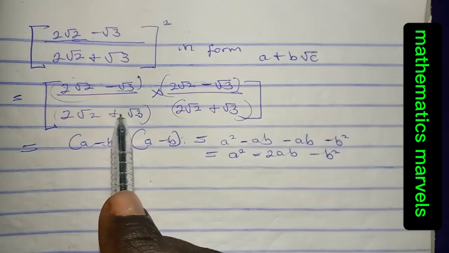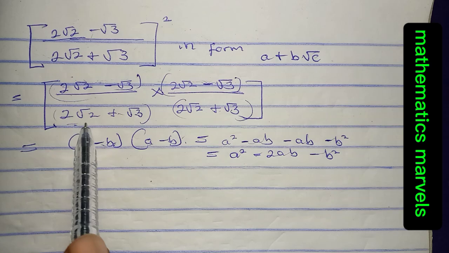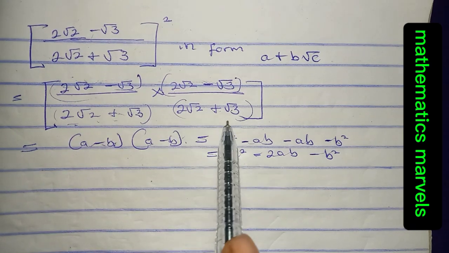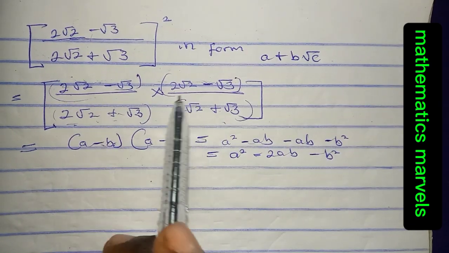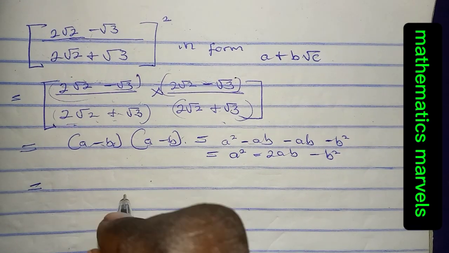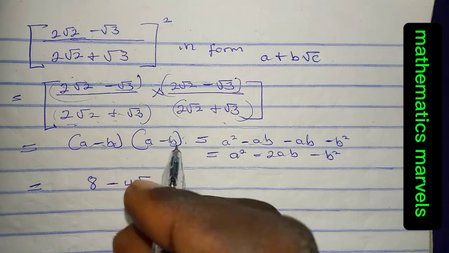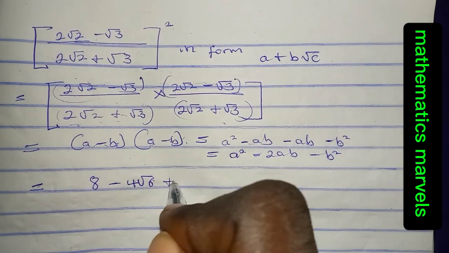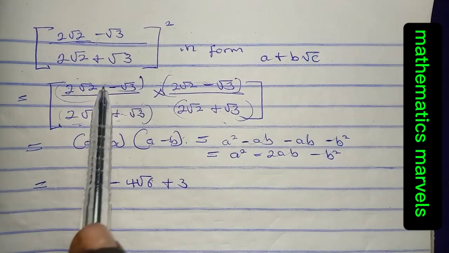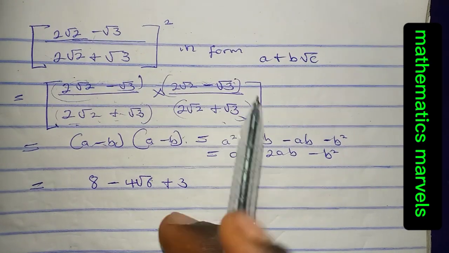Don't forget, I've written this before for you guys, where I wrote simplify a question in bracket form. So that's what we are going to be using here now. If we simplify the two, what we have is 8 minus root 4 root 6 plus 3. Don't forget, this times this times this, and add it together.